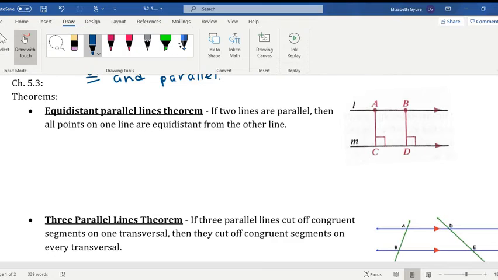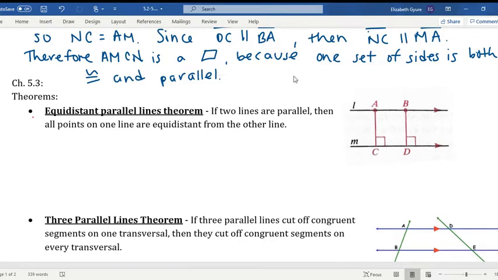So this is implying that if line L is parallel to line M, and we're going to write out a little explanation for it, then you're going to know that the measure of AC equals the measure of BD.